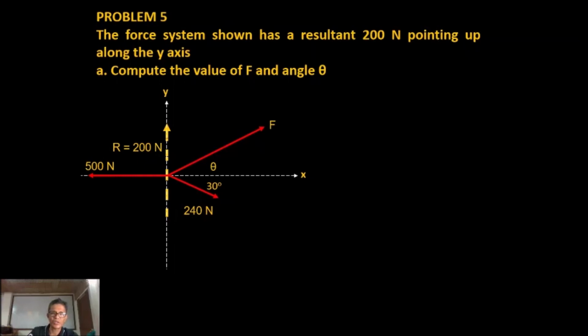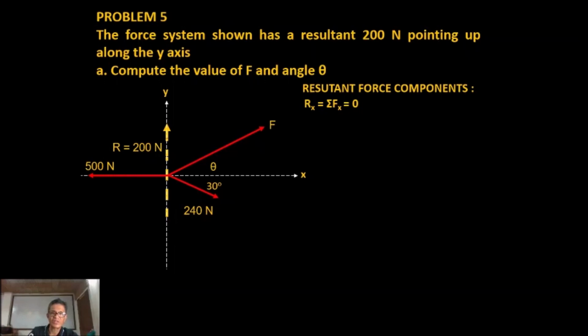So I will show you two solutions here. One is somewhat graphical, but let's start with our conventional solution using the definition of Rx, which is equal to the summation of Fx, and the summation of Fy for Ry. Okay? So the resultant force component Rx is equal to the summation of X, and that is equal to 0.